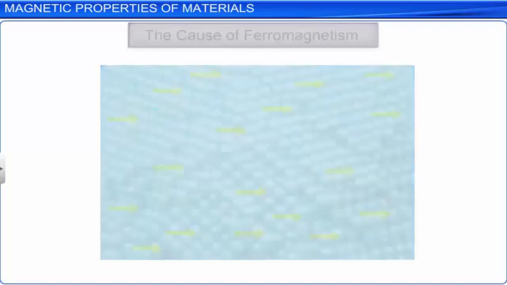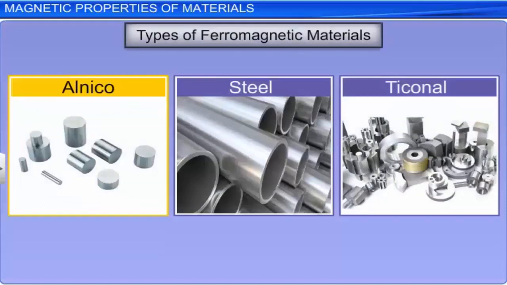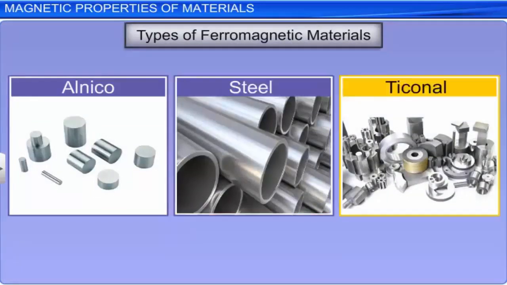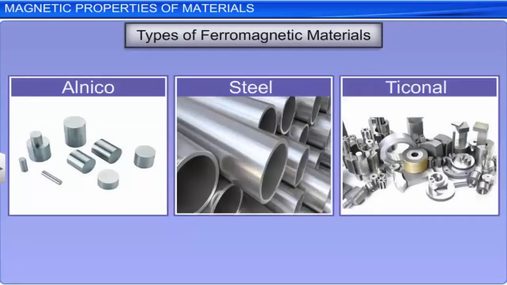Alnico, steel, Ticonal, etc. are examples of hard ferromagnetic materials.